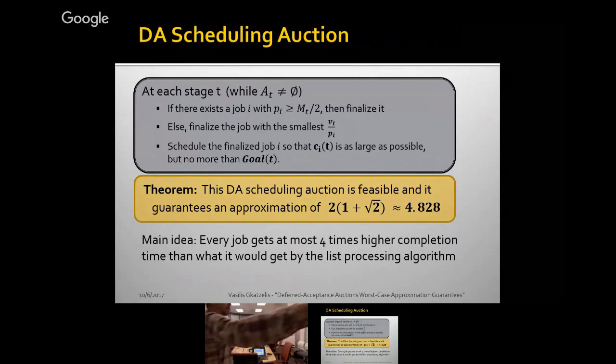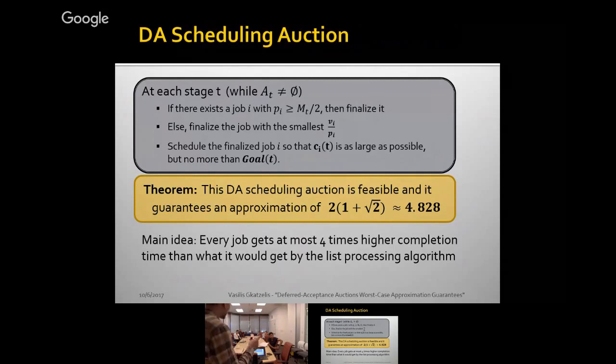And we prove this approximation. Unlike some of the previous results that I showed, this actually gives you a small constant factor approximation for an NP-hard problem using this class of auctions. The way to think about it is that we manage to prove that our scheduling, and this is why we need this trick over here, the first if, does this: whatever the forward greedy algorithm does, we make sure that point-wise, every job is not delayed by more than a factor of 4.